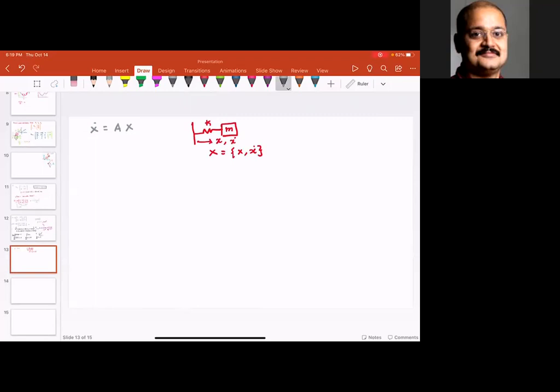Now, if I want to write down this equation, which is m x double dot plus k x is equal to 0, in this form, this will look like, and even if you don't follow this, that's totally okay, because the key point that I want to talk about is not setting up the equation, but the eigenvalues of matrix A. Okay.